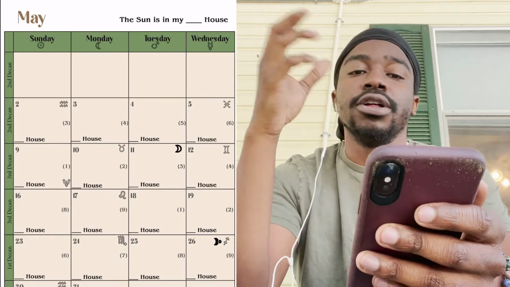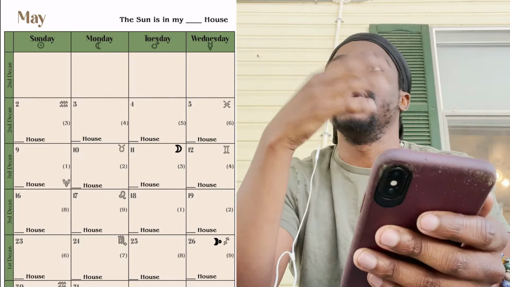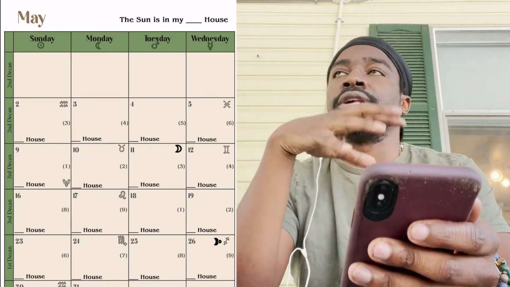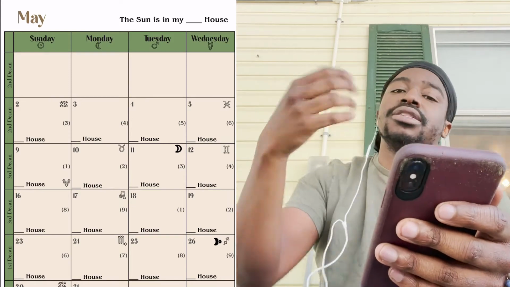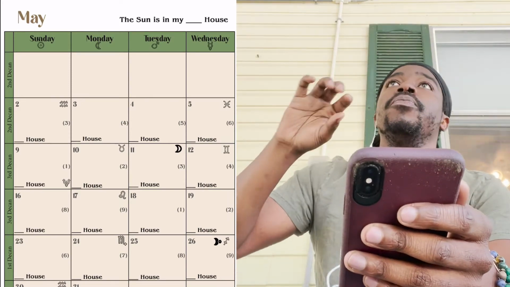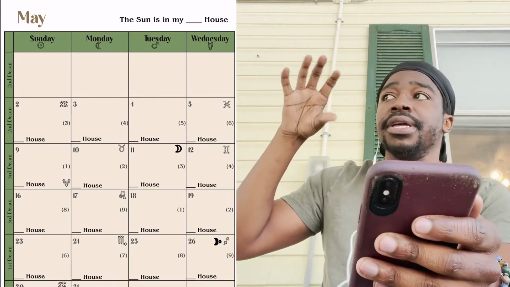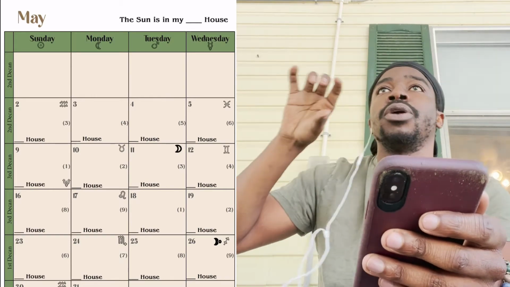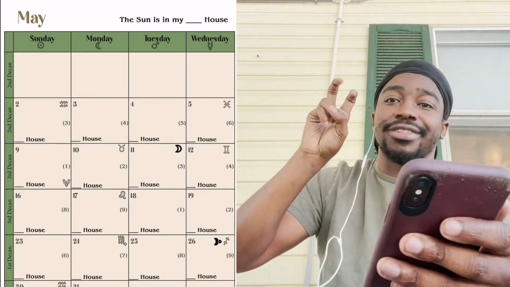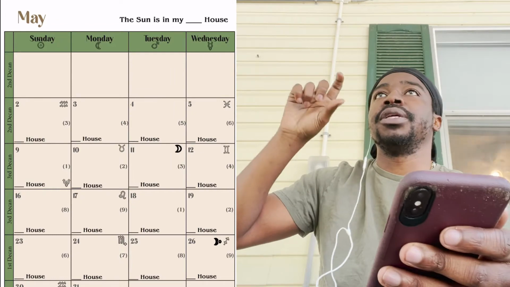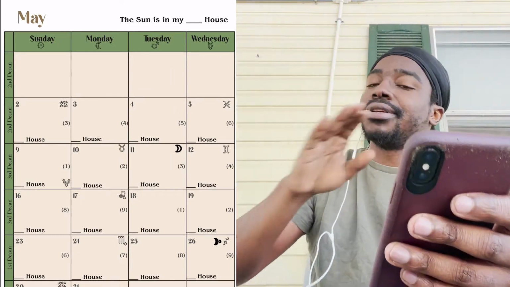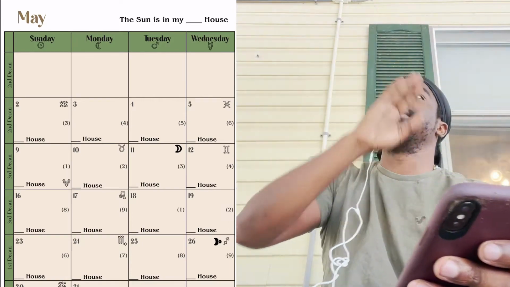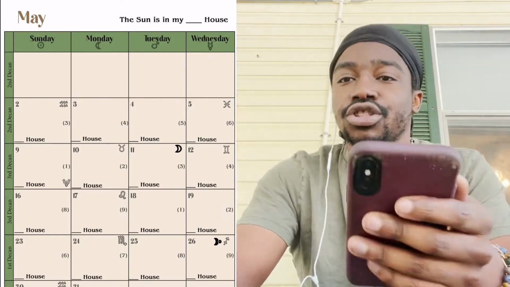The moon changes signs about every 2 days, give or take, because certain spaces are longer than others. There'll be times where at noon the moon will be at 28 degrees, so I would just round up, because for the remainder of the day the moon will be transitioning into that next sign. So that's how I chose to go about it.